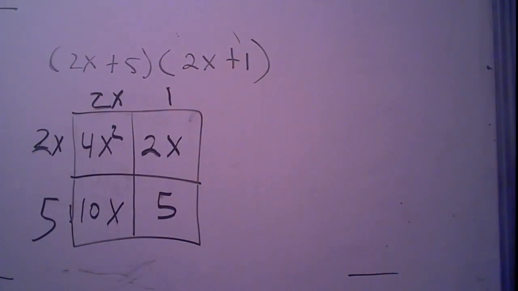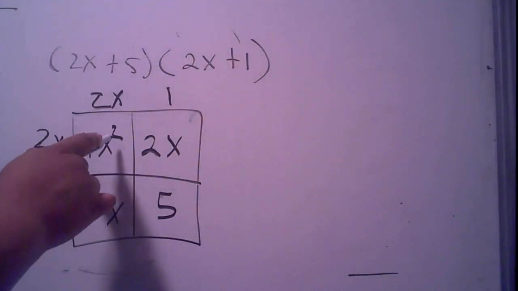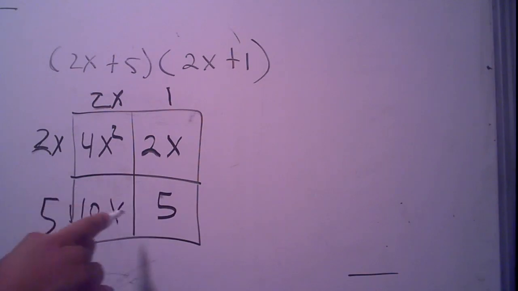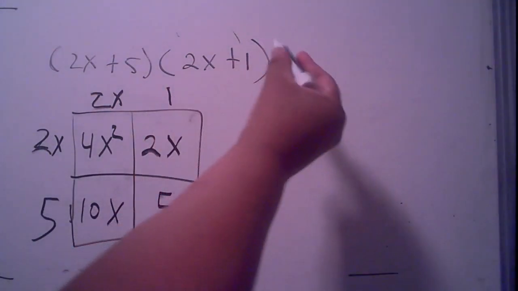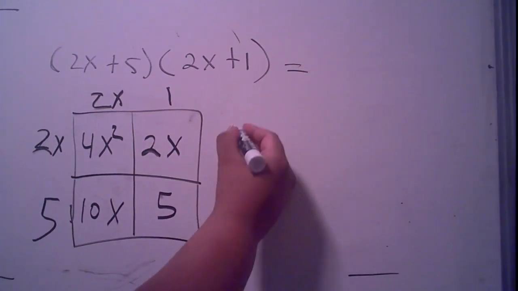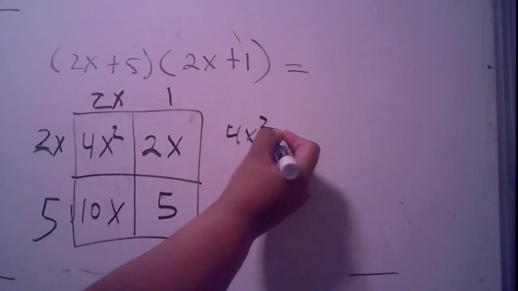So now that we have the box, all we have to do is add like terms together, and then we come up with an answer. Usually for this type of problem we write the largest degree first. So what is the largest degree in this box? x squared. I don't see another x squared, so all we have to do is write it down. So the answer to this one is going to be 4x squared.